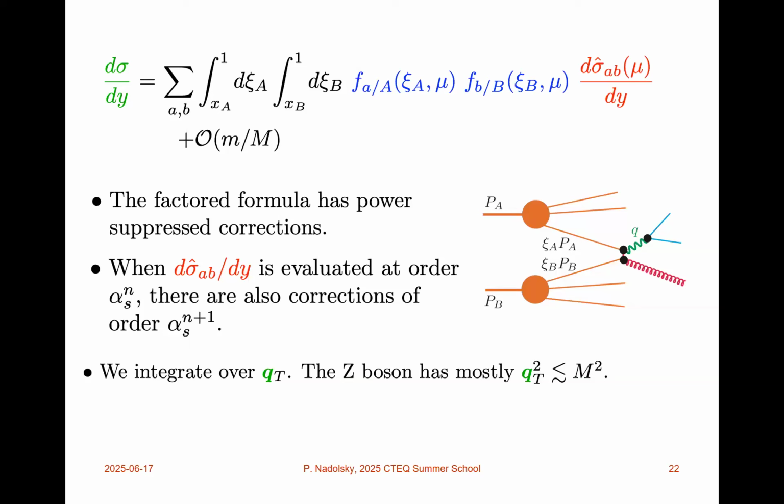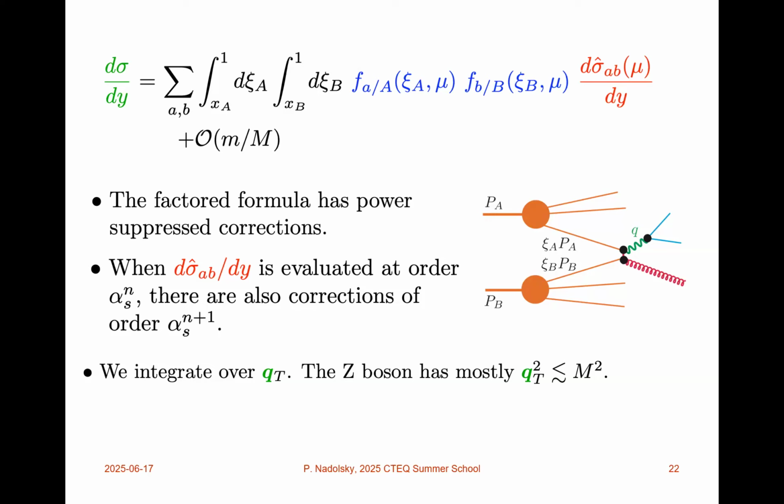And a very important question for experiments like fixed target experiments at the Tevatron or, say, the SeaQuest experiment, another good example, or the COMPASS experiment, is that these power suppressed corrections can no longer be negligible, and we have to be very careful.